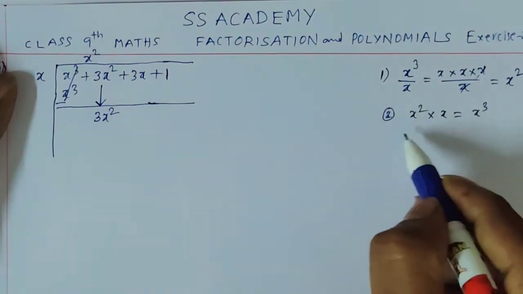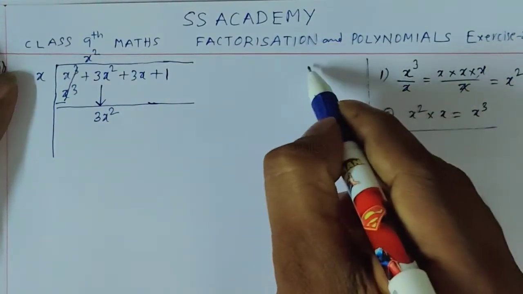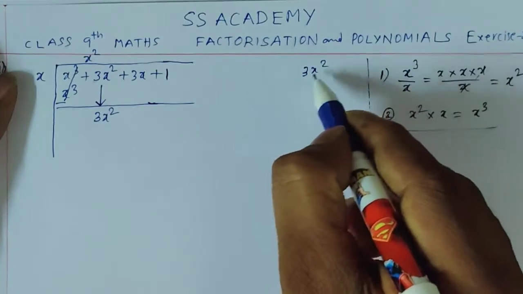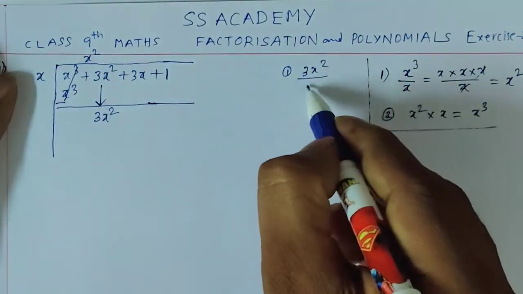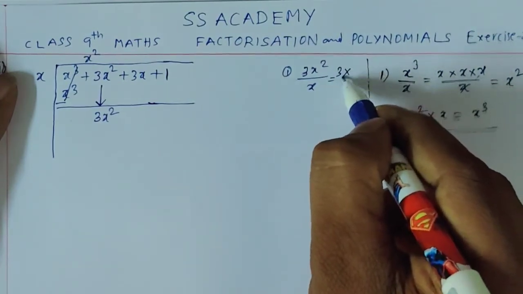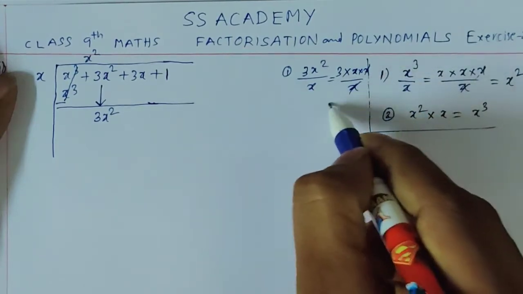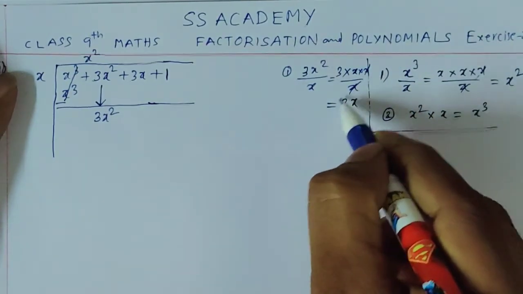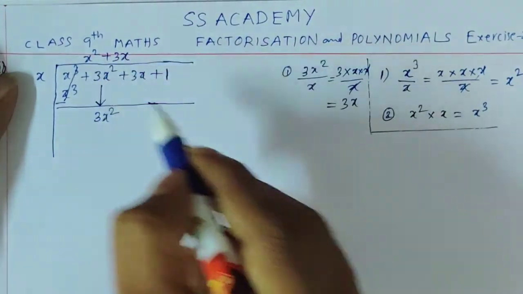Again you have to follow the three steps. The first term is 3x square, and the first term in the divisor is x. So 3 into x square can be written as x into x, divided by x. X gets cancelled, you will get 3x. This is the quotient term, write it on the top.